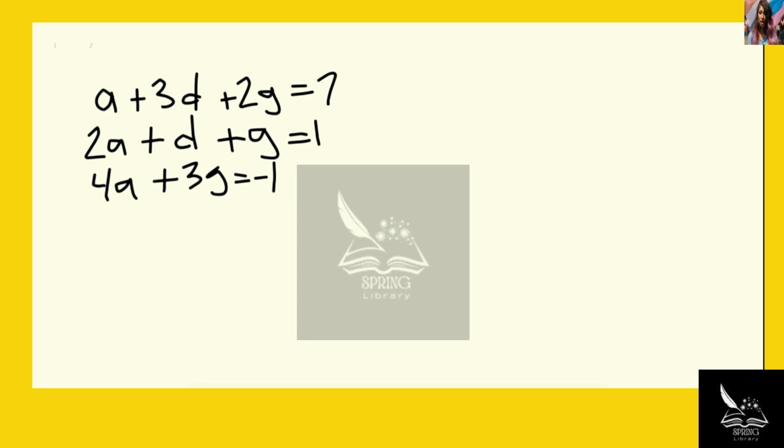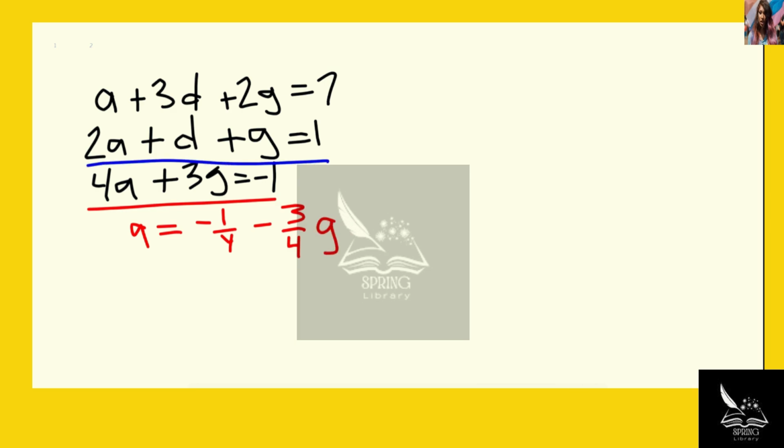And then we can take this third equation, and that'll tell us that A is equal to -1/4 minus 3/4 G. And we can put that into our second equation and solve it.